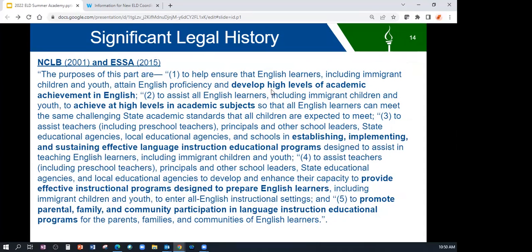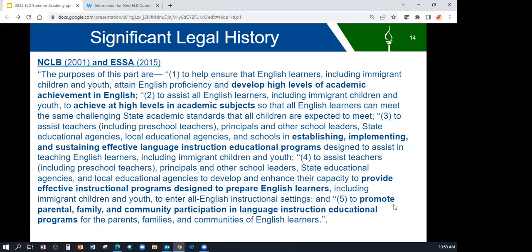The first one is that we develop high levels of academic achievement in English for all students, that they achieve in academic subjects so that they can meet the standards necessary for our state assessments, that we establish, implement, and sustain those effective programs that we talked about in the Castaneda, that we provide effective instructional programs that are designed to prepare English learners to be successful in classrooms.